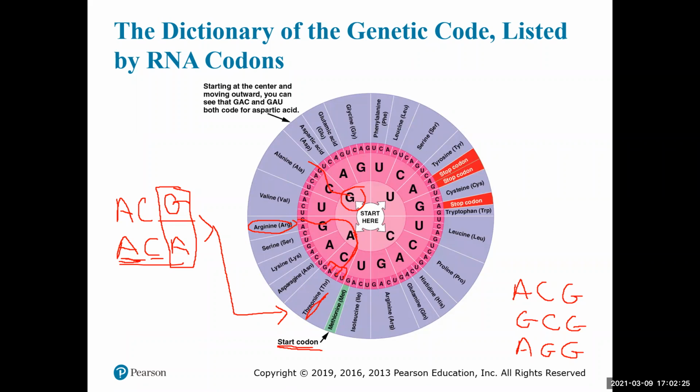So every protein will start with methionine. So it will start with AUG, and then it will have all of these codons in between, and then the final codon will be one of these three stop codons.